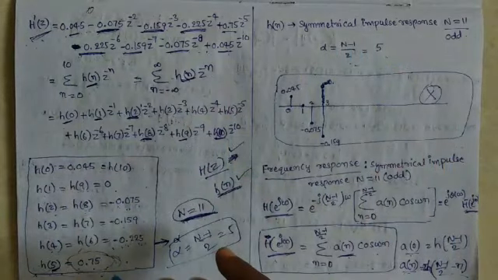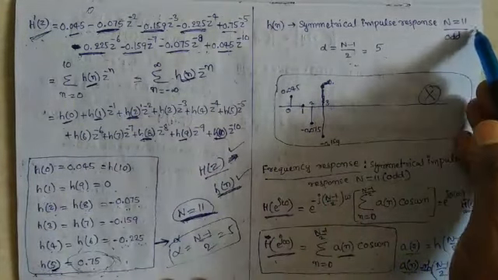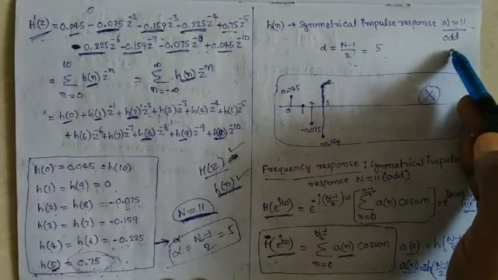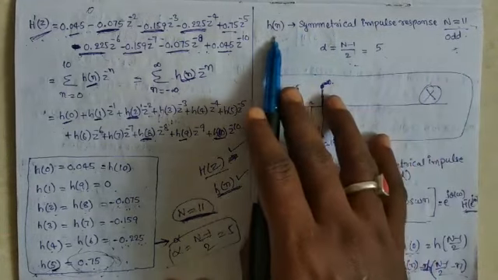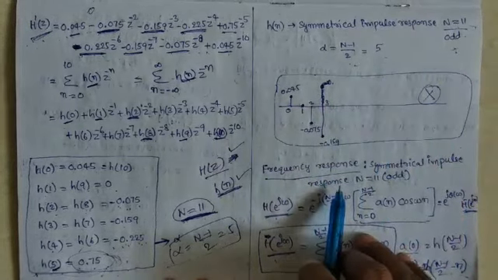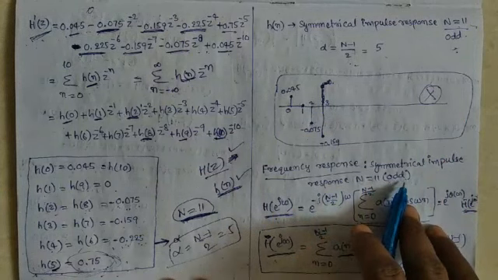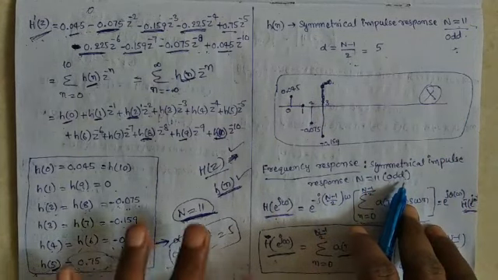Means impulse response is symmetrical impulse response, capital N is odd, capital N is equal to 11. For this case, how we can determine the frequency response? For symmetrical impulse response, capital N odd, how to determine the frequency response?